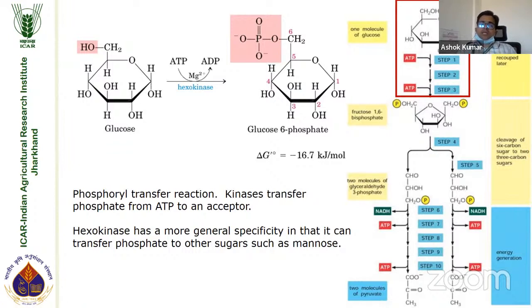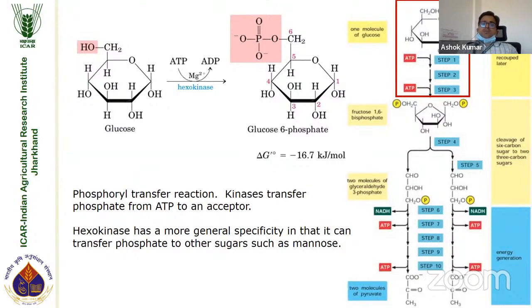The same hexokinase, if present in the liver, behaves differently from when it is present in blood, the RBC. In what respect does it behave differently? It catalyzes the same reaction, but the substrate specificity and the kinetics of the reaction change.